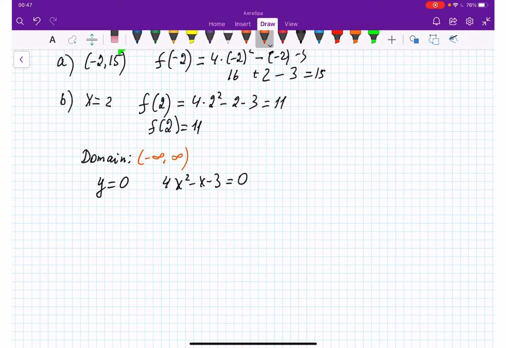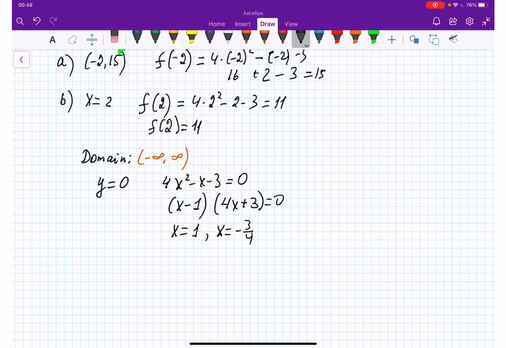So in this case we get x minus 1 and 4x plus 3 is equal to 0. From here, x is equal to 1, and x is equal to negative 3/4.